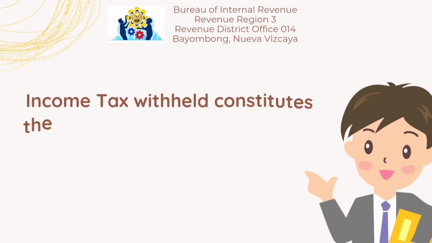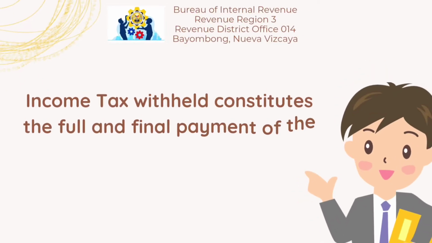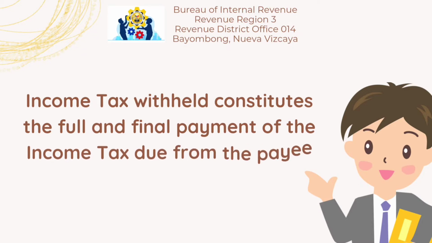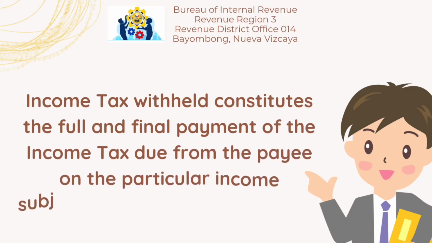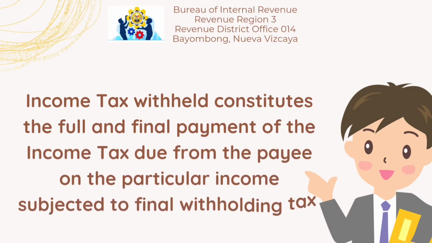The income tax withheld constitutes the full and final payment of the income tax due from the payee on the particular income subjected to final withholding tax. This means that the payee no longer needs to file an income tax or include the particular income in his income tax return.